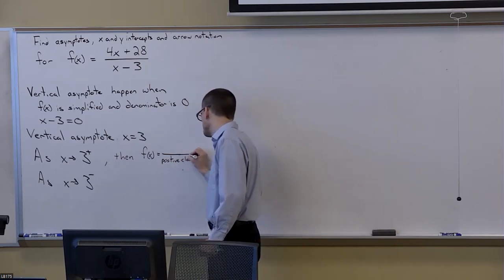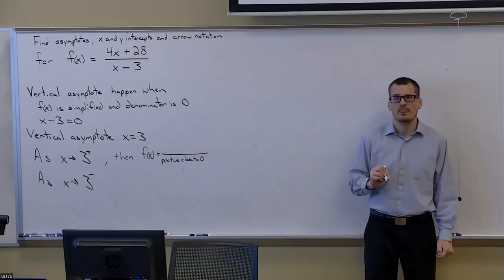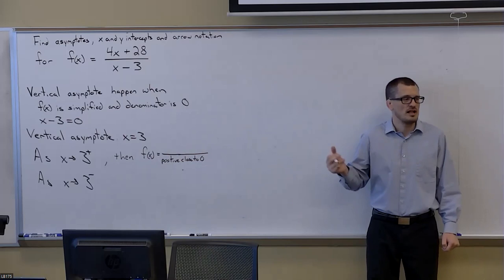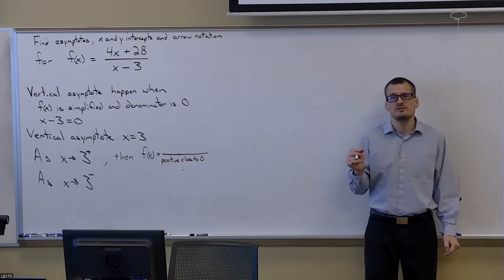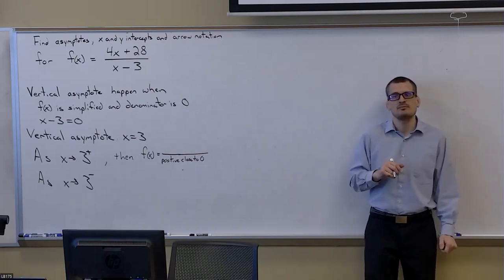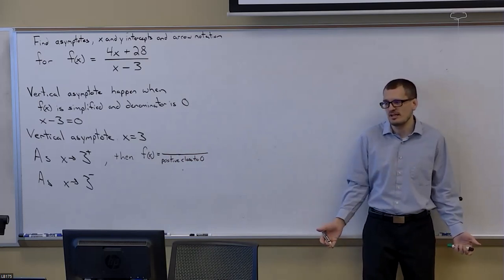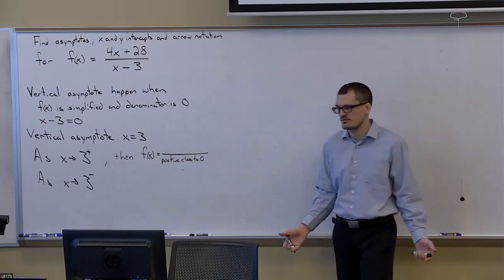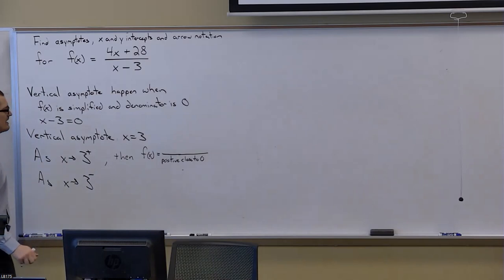I'm going to put positive small last time. I'm just trying to give you multiple options of ways to think about it. But it's positive, but it's close to 0. What's going to happen to my numerator if x is close to 3? Well, I'm just going to get 4 times 3 plus 28, whatever that happens to be. That's about 40.